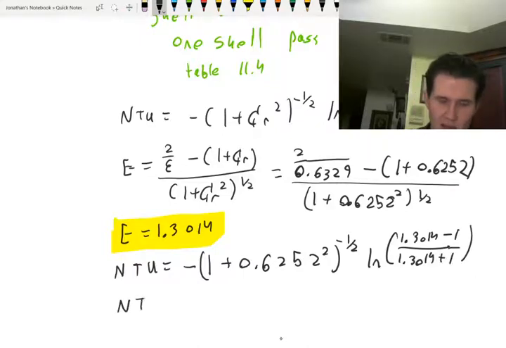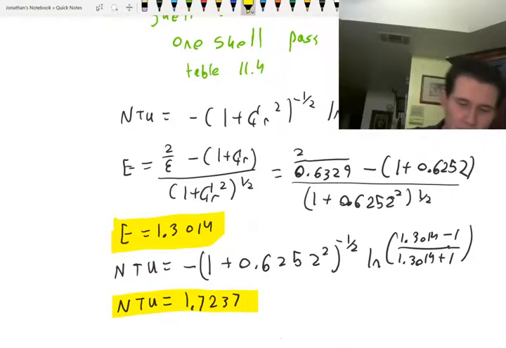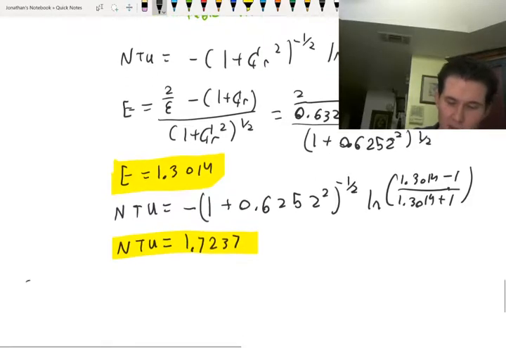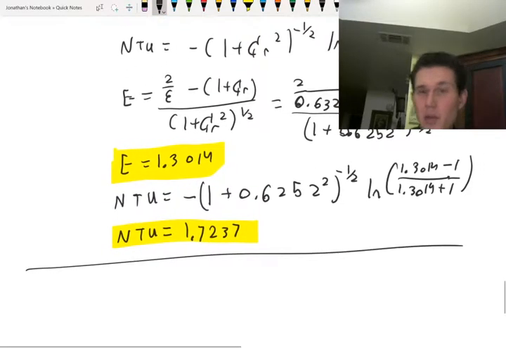So we get this net transfer unit number of 1.7237. Good number, bad number, I don't know. Bam, we're done. Now we go back to our plan.